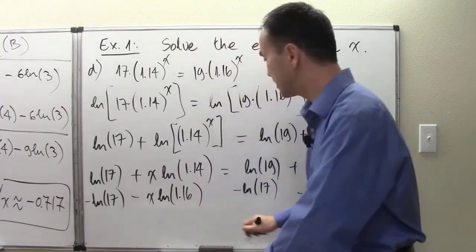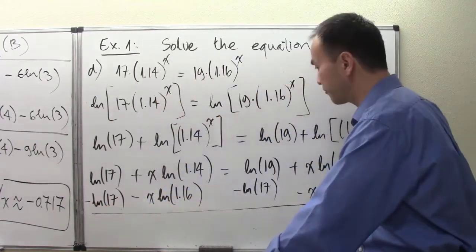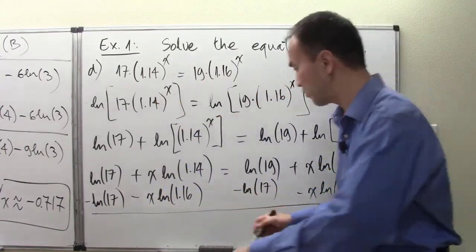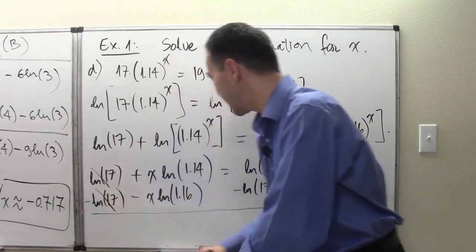All right, so now I'm going to end up with my resulting equation as follows. The natural log of 17 cancels on the left hand side.